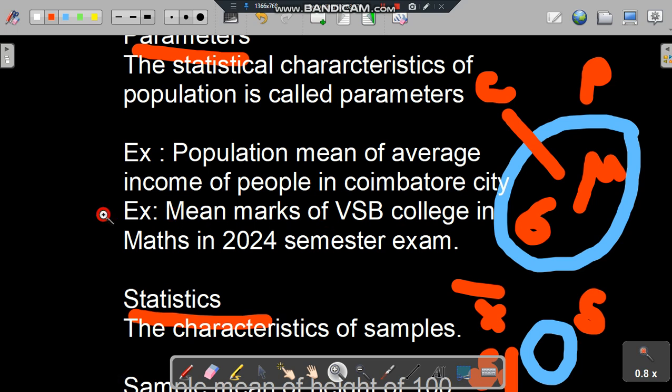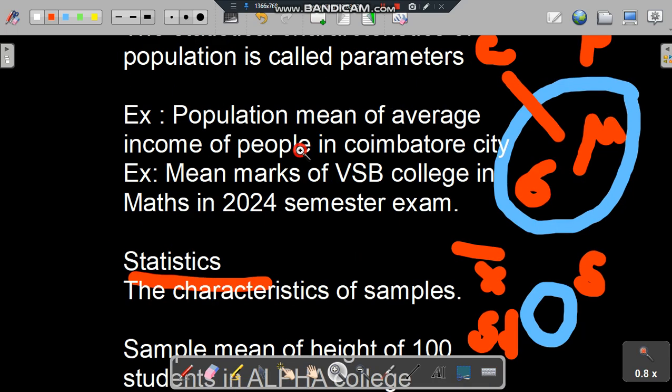So mean marks, average marks, expected marks is a characteristic of this population, therefore a good example for parameters. Similarly, the standard deviation of marks is another example. Now, a statistic is any characteristic studied on the sample. Take for example x bar, the mean of the sample, a good example for statistics. Similarly, the sample standard deviation calculated for a sample is a good example for statistics.